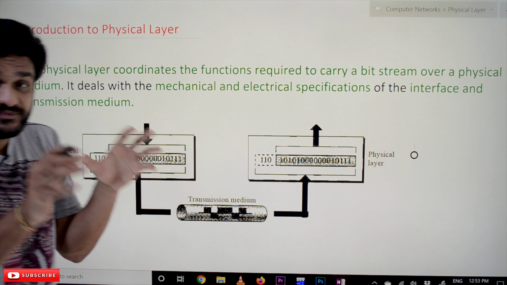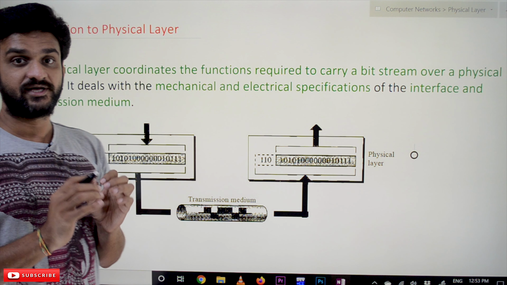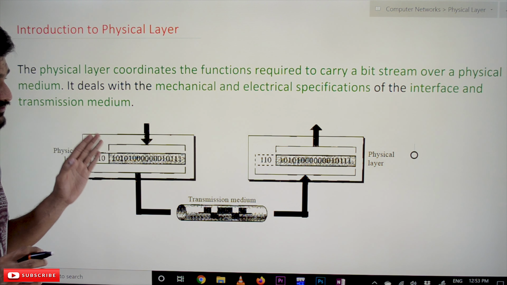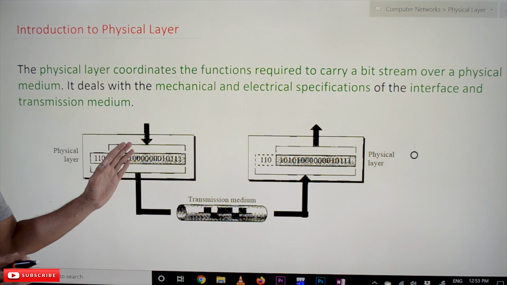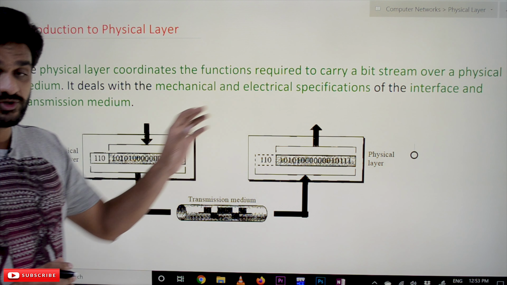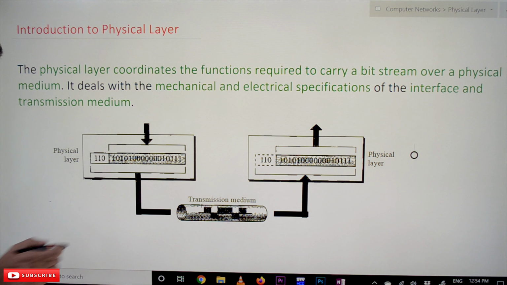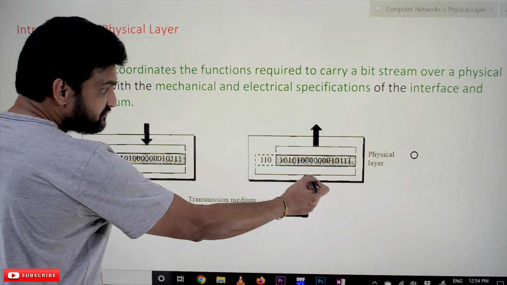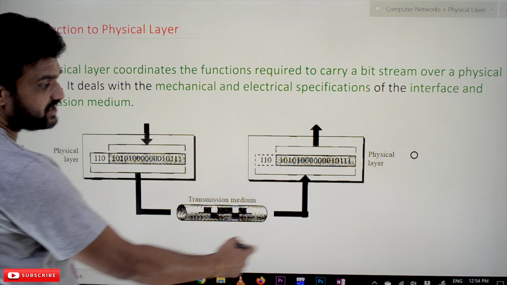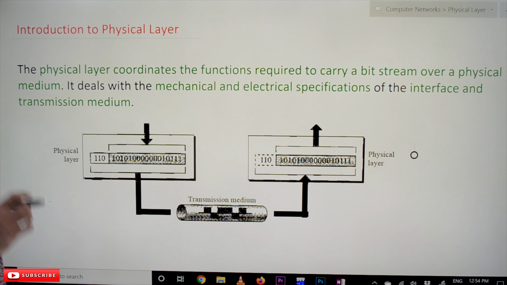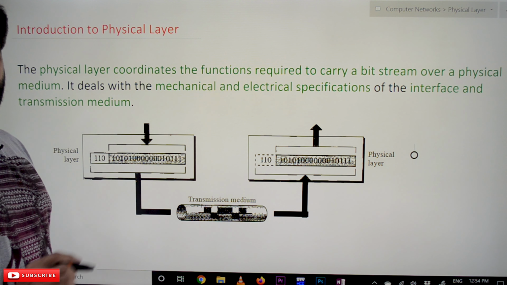This is the objective of the physical layer. Whenever we want to transmit data between two computers, the physical medium requirements are decided by the physical layer. This point is very important to understand.